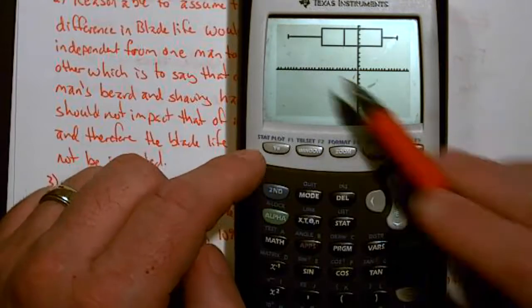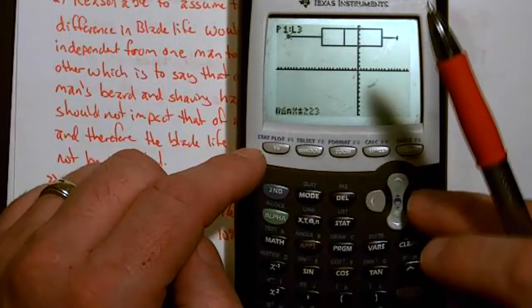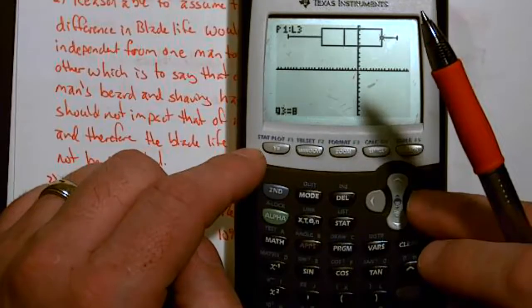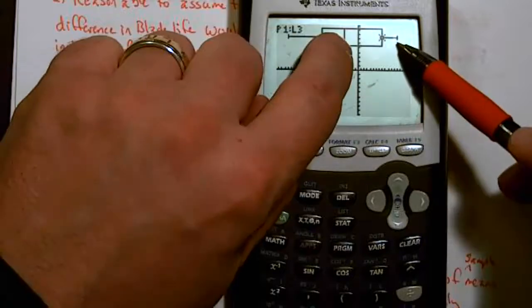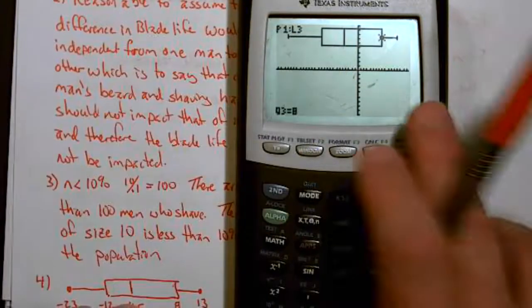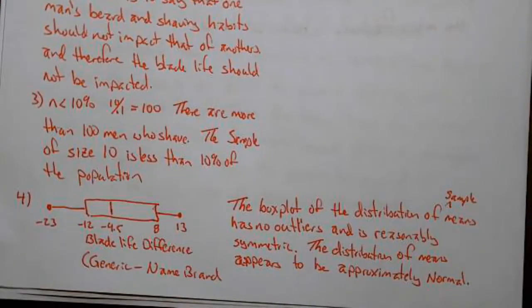Okay, please remember I can go to the trace feature and get all my information. Just looking at that box plot, that's about 50%, that's about 50%, and they're about equal lengths. So I saw no outliers, and it's reasonably symmetric. The distribution of means appears approximately normal.